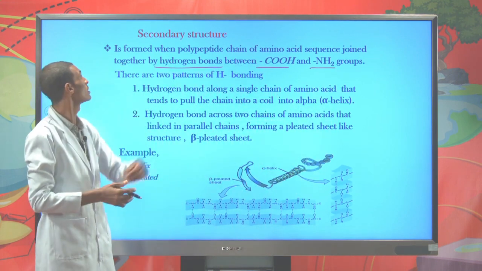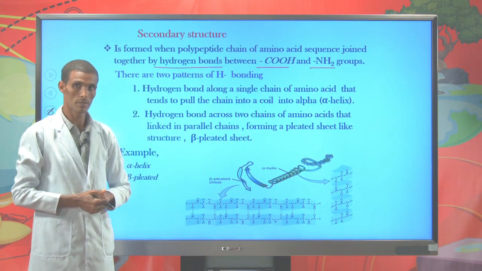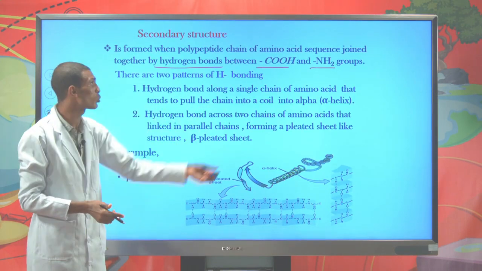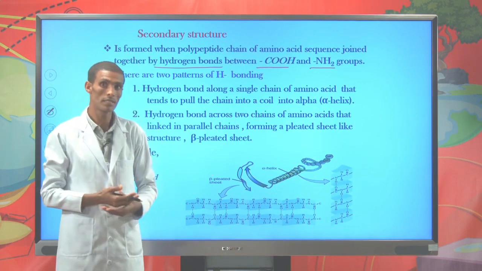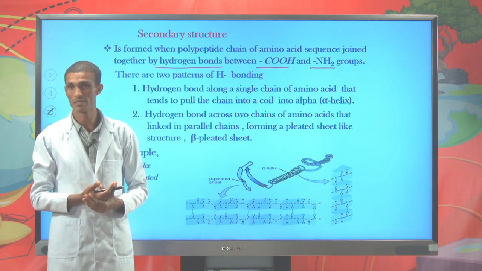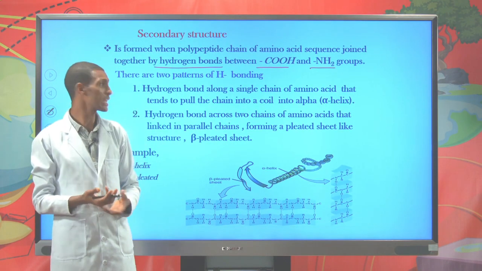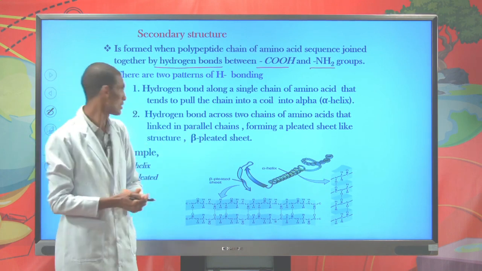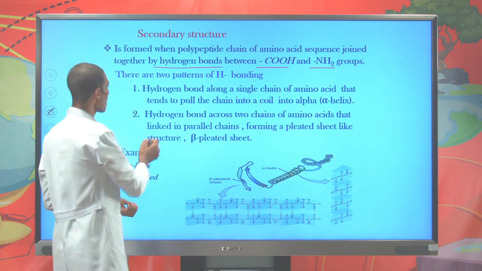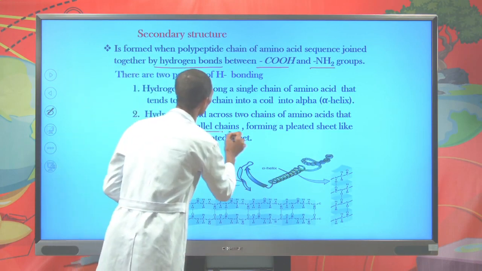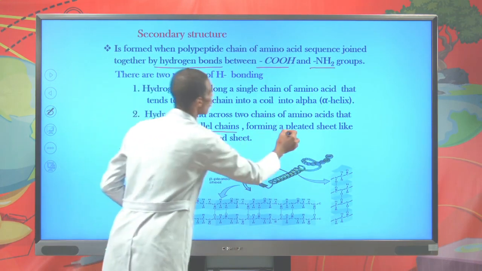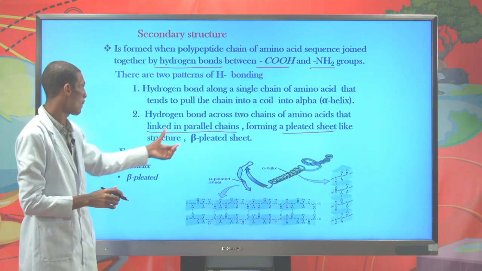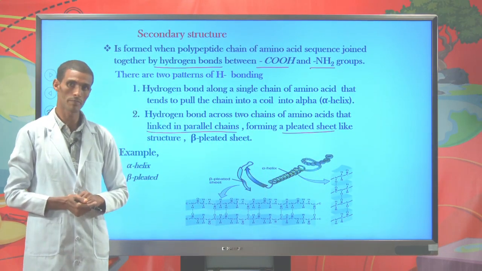This bonding may pull the chain into a coil, forming an alpha helix, a protein found in hair and other body structures. And if they are linked in a parallel manner, they can form a sheet, or pleated manner, which is said to be a beta pleated sheet.